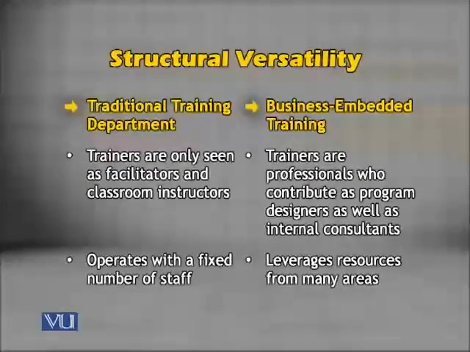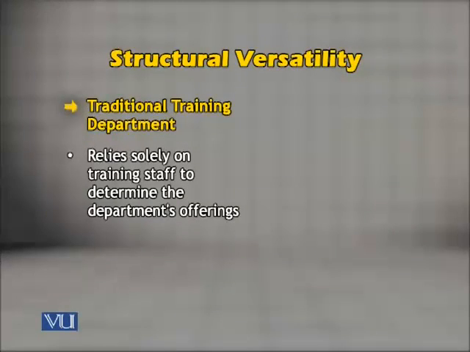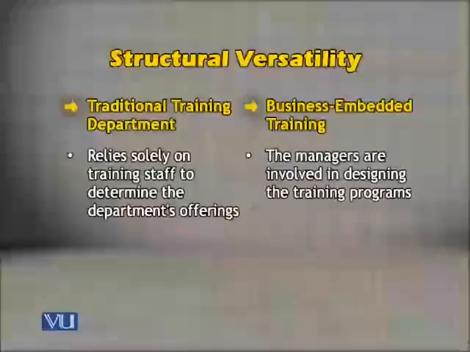Rather than having a fixed staff, they are able to leverage resources from many areas. Then a traditional training model relies solely on training staff to determine the department's offerings. So the training staff designs and develops the training courses, the training material and the offerings that are provided to the customers. Whereas in a business embedded training model, the managers are also involved in the process of designing the training programs. So it is more structurally versatile than a traditional training model.